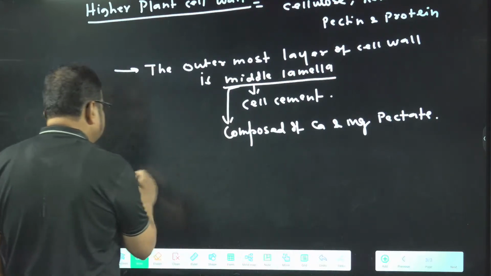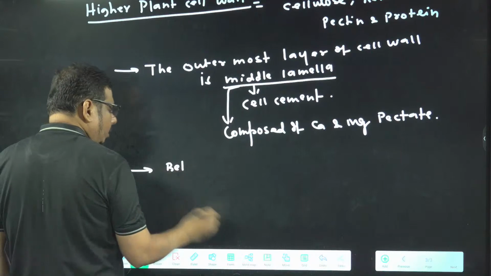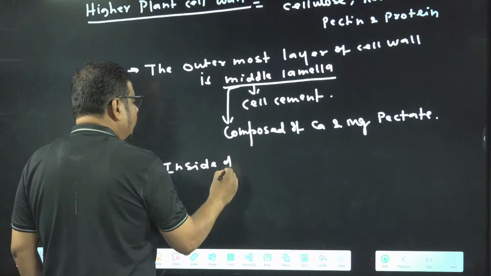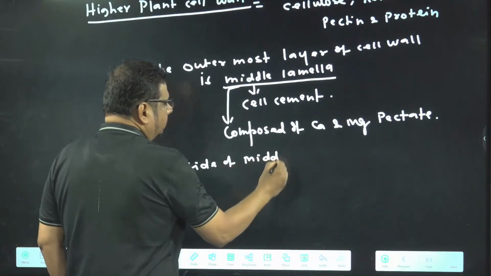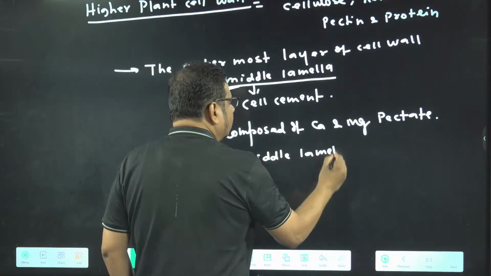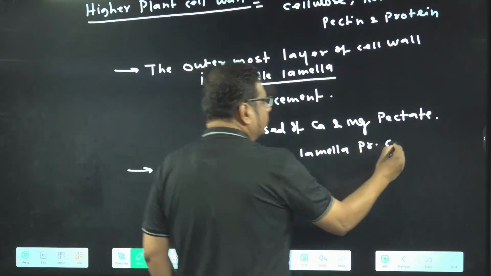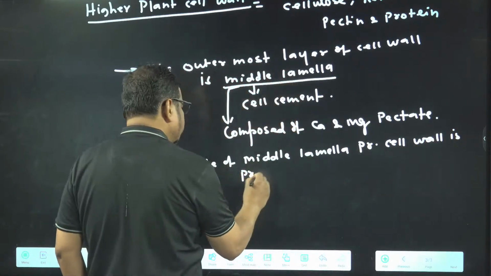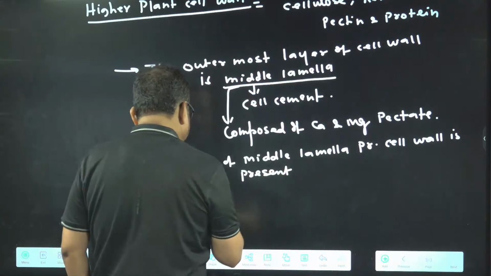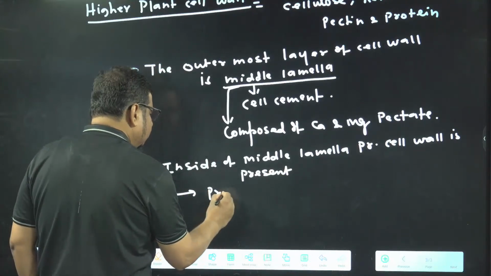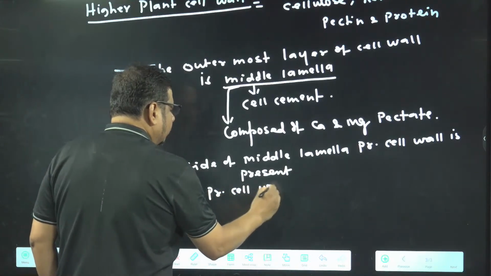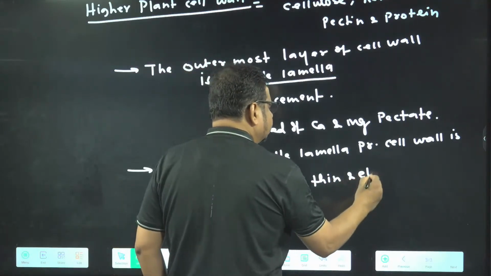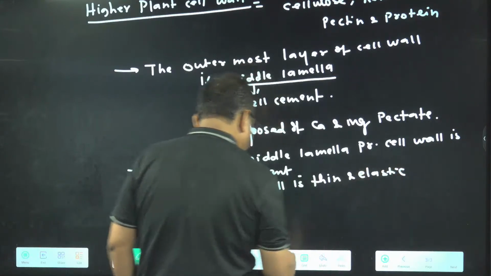So inside of the middle lamella, the primary cell wall is present. If we talk about the primary cell wall, it is thin and elastic.